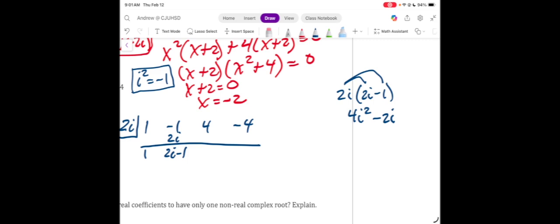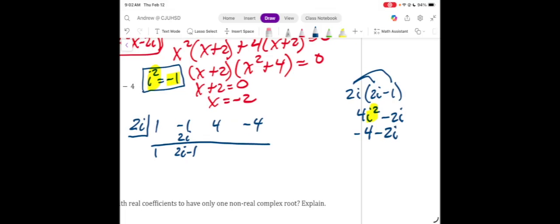But now here's where we bring in that fact. i squared gets substituted with -1. So right here is -1. So that will be -4 minus 2i. That's what we put on the next column. That will work out nice because the 4 and the -4 will cancel. We'll get -2i.